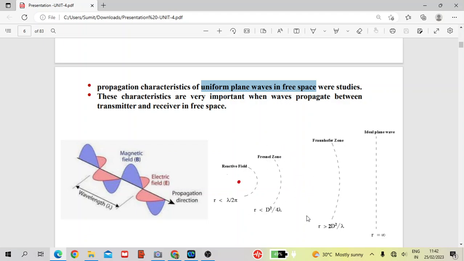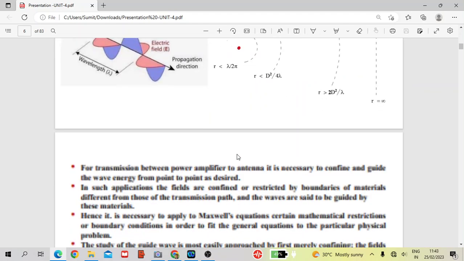That is why it is the region where energy is stored, whereas the region after this is the radiative region, that means the region where the energy is propagated or moving away from the source. So this 2d square by lambda is the main demarcation between the near field region and the far field region.